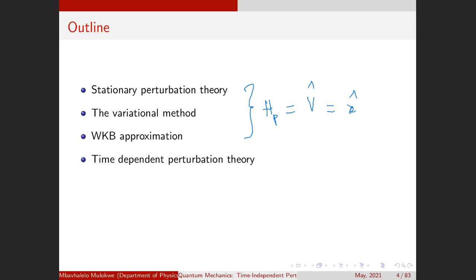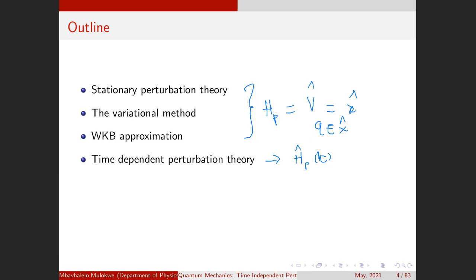In this example, I will use x. They're not depending on time. Maybe if you put it in an electric field, it will be qEx. But once we get to time-dependent perturbation theory, we will be dealing with things that depend on time.